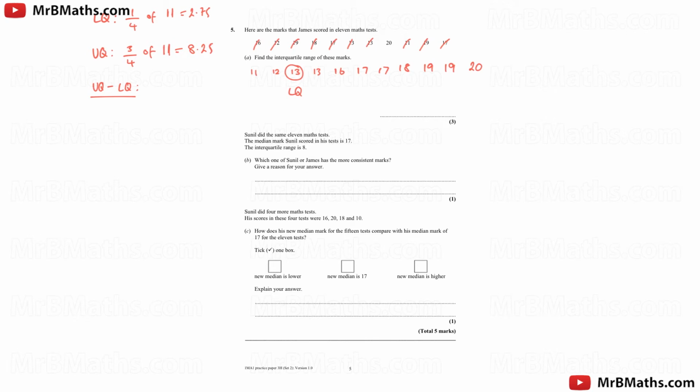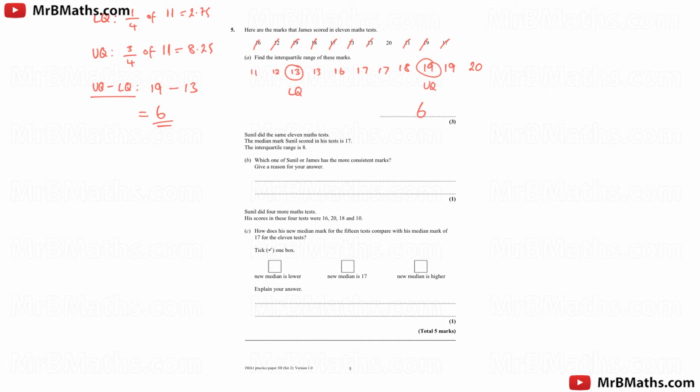And then we've got the upper quartile, which is 8.25, so we've gone past 8, so it will be the ninth number, so that will be 19 here. Okay, so as I mentioned, the upper quartile take away the lower quartile will give us the range, so we can fill this in here. 19 take away 13 gives us 6, so the interquartile range is 6.